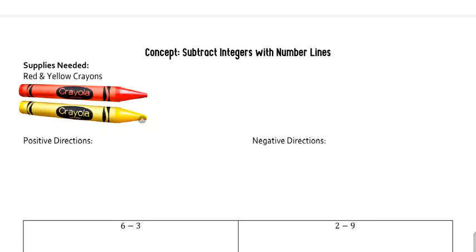Okay, remember positive, we use that yellow. So positive directions are to the right and up. Our negative directions are to the left and down.